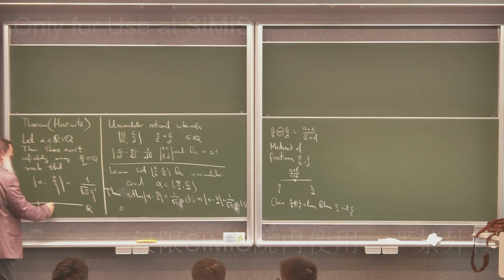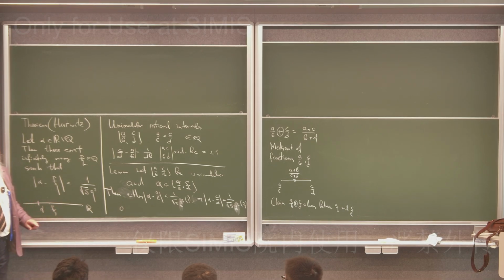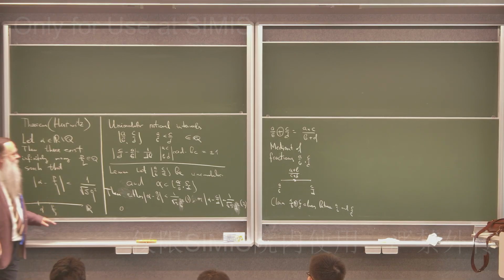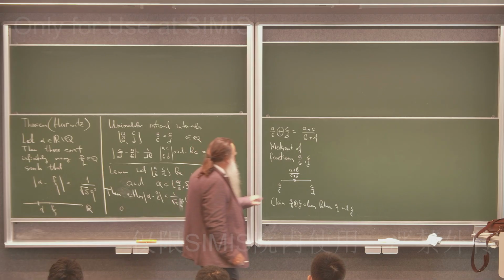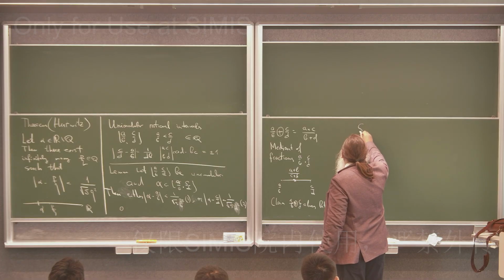Here alpha, we approximate by P over Q. But the people who live on this real line are indeed looking for approximation of numbers by other numbers, but they do not see the projective nature of this real line. So they do not know that this real line is embedded in two-dimensional space, and they do not know why. They do not know the reason why this mediant lies between these. Okay. So secret.